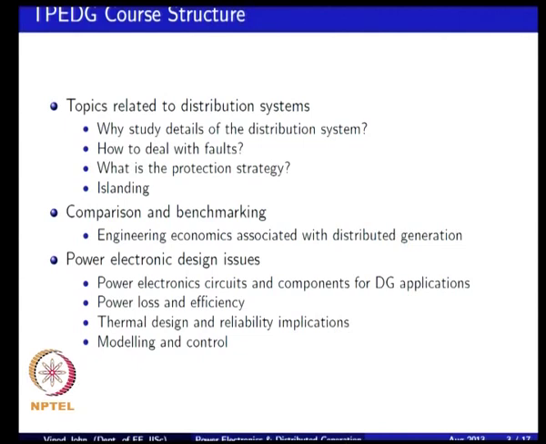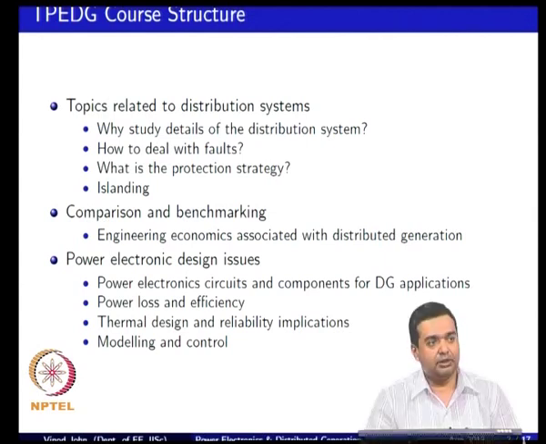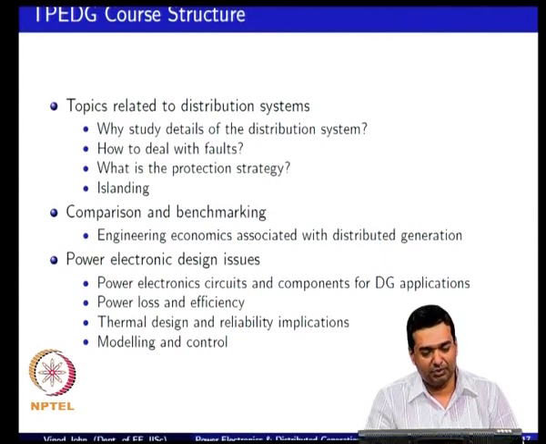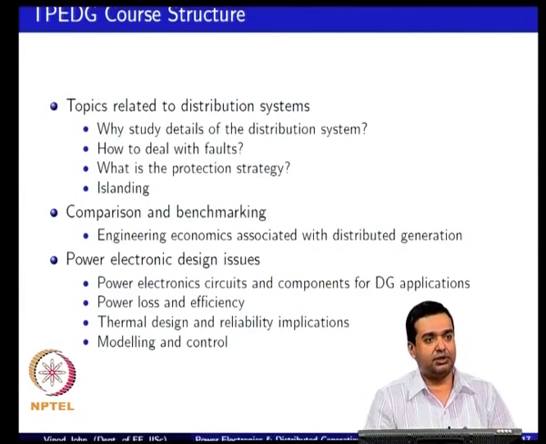If you look at the structure of the course, there will be three parts to the course. The first part is looking at the power system related issues, specifically relating to the distribution system, and we will address the issue of why we need to look at the distribution system closely.